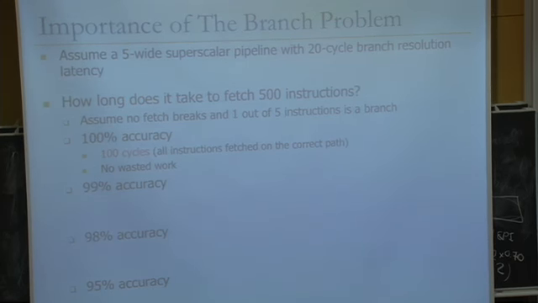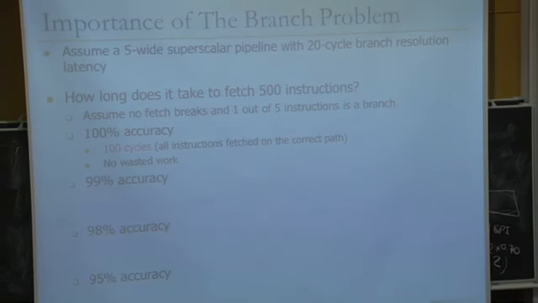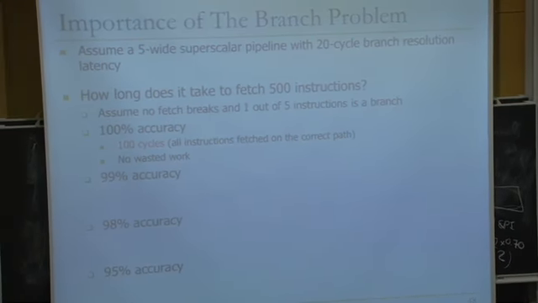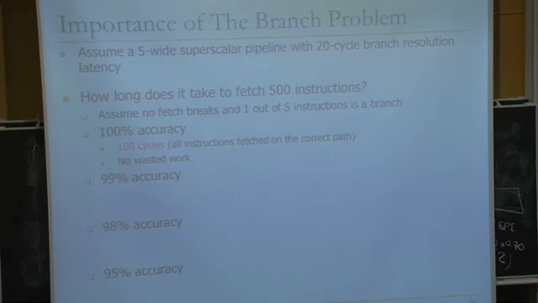Let's say we're pretty good, 99% accurate. Actually, very good, right? How many cycles does it take to fetch? Under 20 cycles more, right? Why? Well, because 100 cycles to fetch all of the correct path instructions, you have to fetch them.